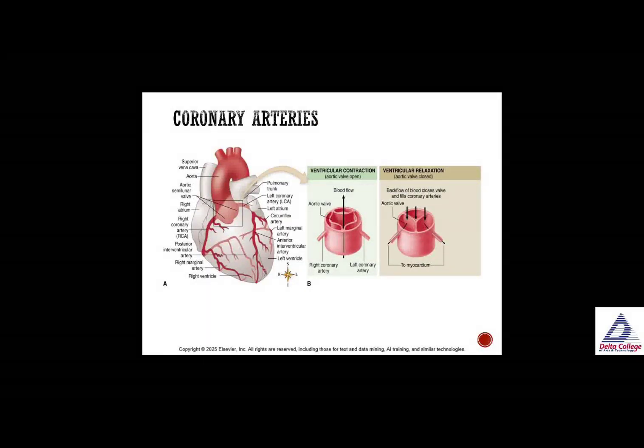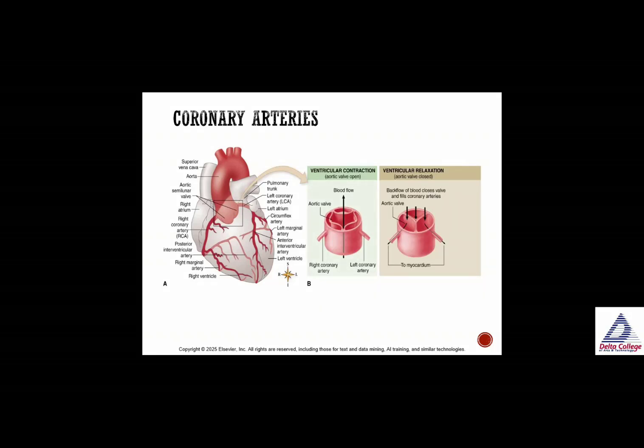Now let's look at these coronary arteries a little bit. So again, I don't expect you to memorize all of them. I do want to point out, you have the right side, the RCA, right coronary artery, marginal artery, all of that.